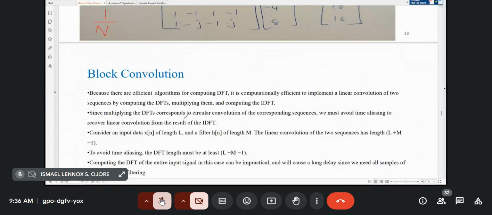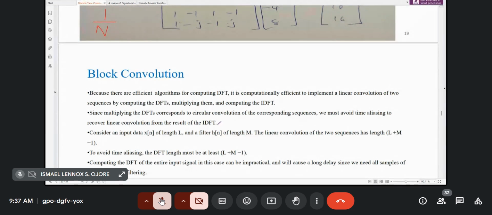Multiplying the DFTs, actually that's also very exciting, corresponds to circular convolution of the corresponding sequences. So we must avoid time aliasing to recover linear convolution from the result of the IDFT.